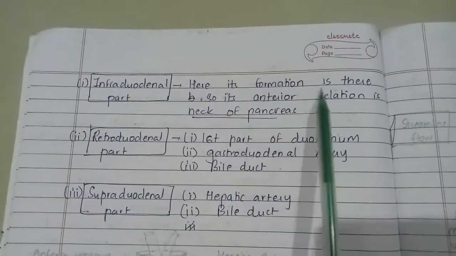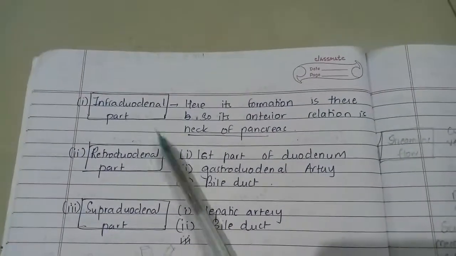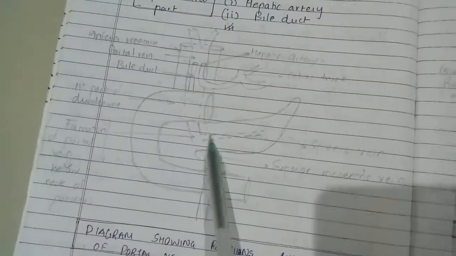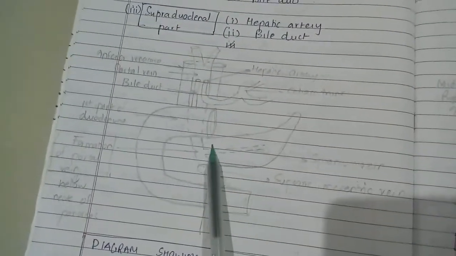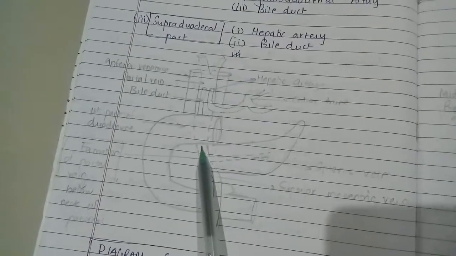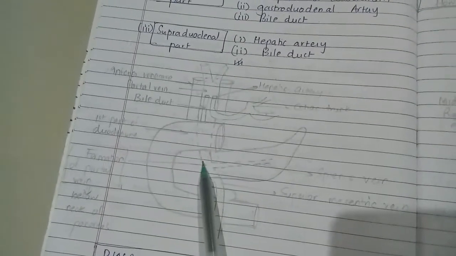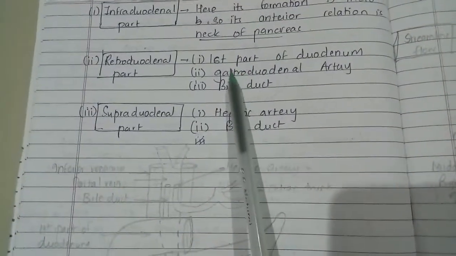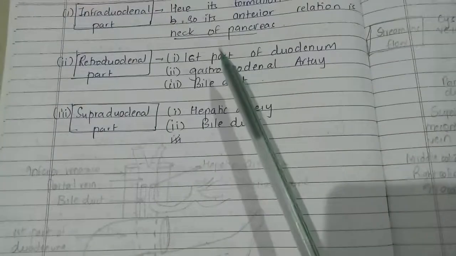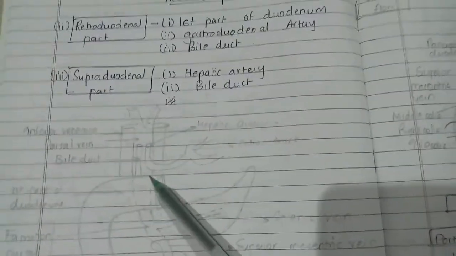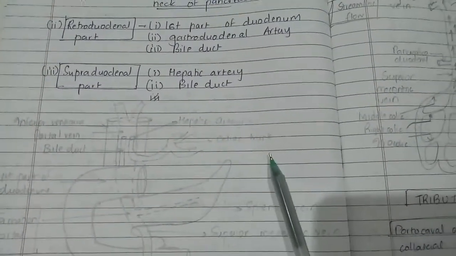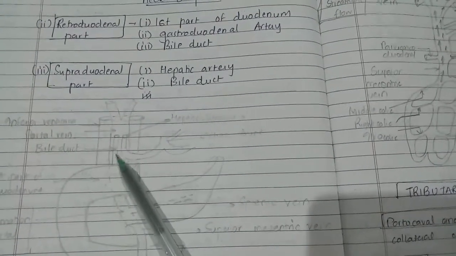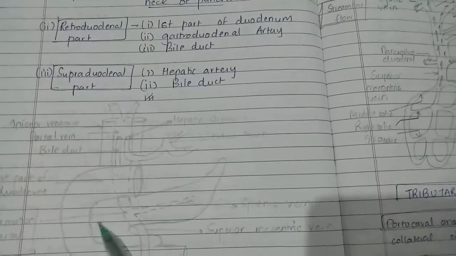Infraduodenal part, here its formation is there. So its anterior relation is neck of pancreas. Simple, isn't it? So infraduodenal part has anterior relation as neck of pancreas. Now in the retroduodenal part, the anterior relations are first part of duodenum, the gastroduodenal artery, which I can't show you here, and the bile duct. As I've told you, the bile duct will come here and open here.